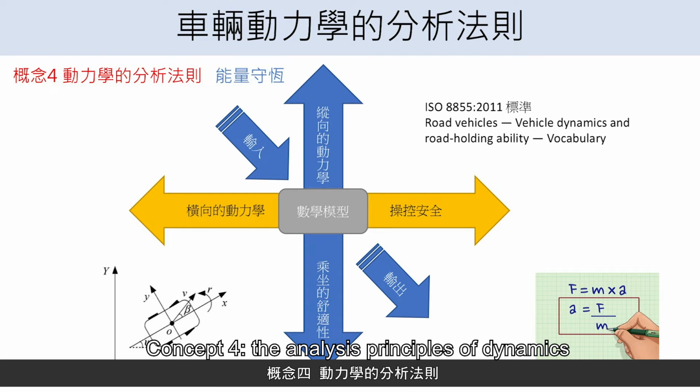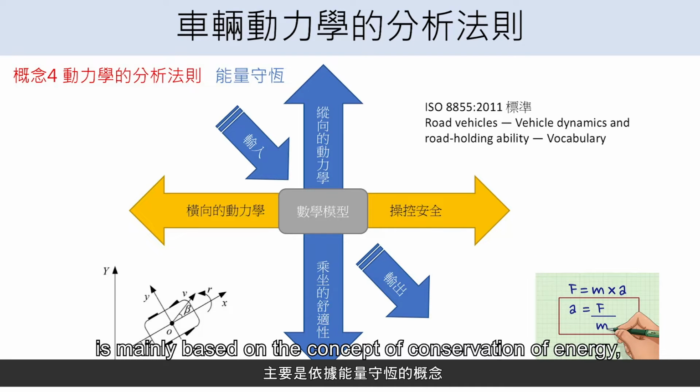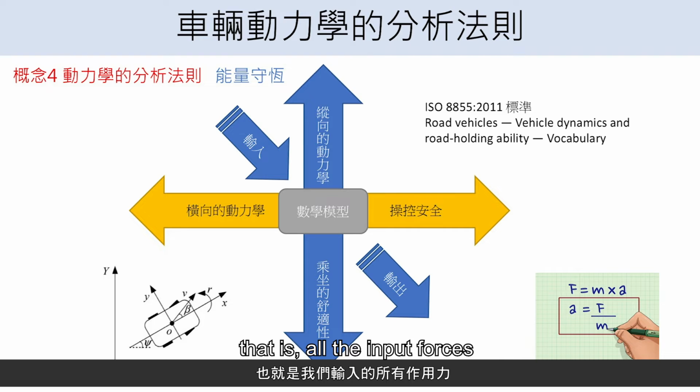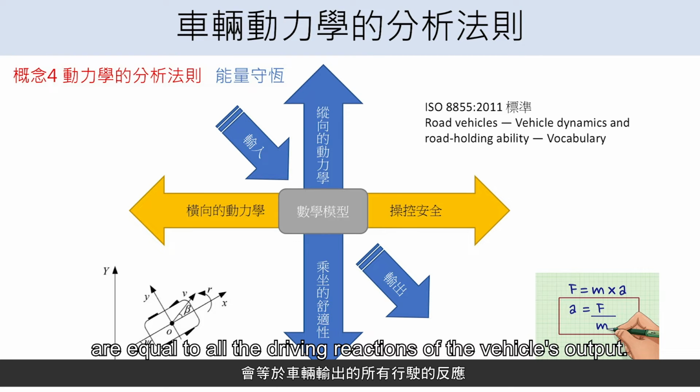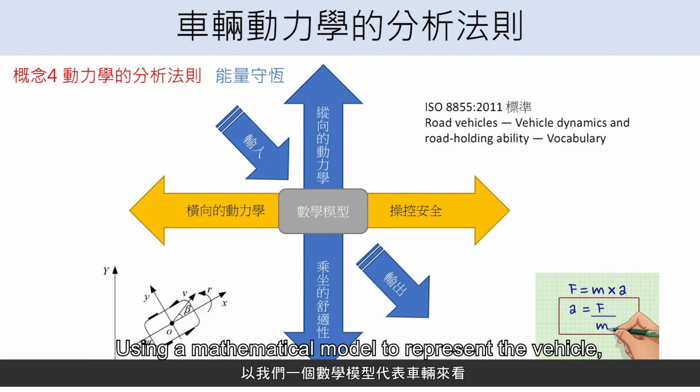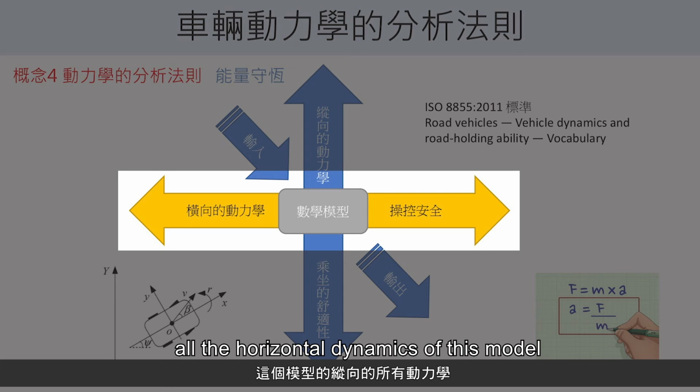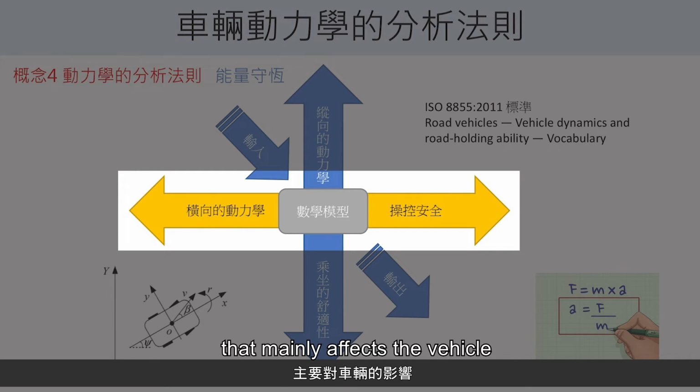Analysis principles of vehicle dynamics. Concept 4. The analysis principle of dynamics is mainly based on the concept of conservation of energy, that is, all the input forces are equal to all the driving reactions of the vehicle's output. Using a mathematical model to represent the vehicle, all the horizontal dynamics of this model mainly affect the vehicle's handling safety.